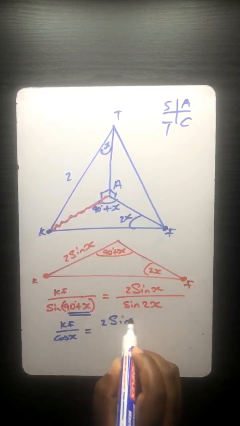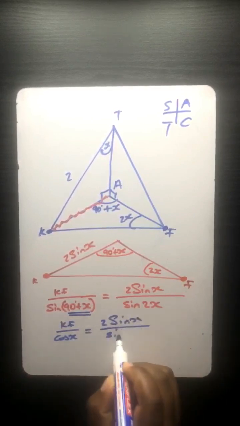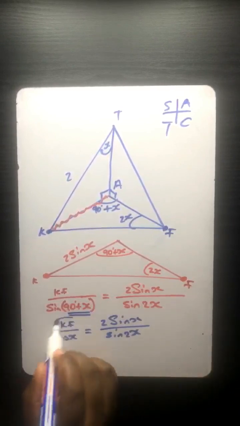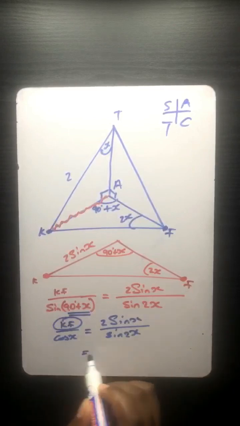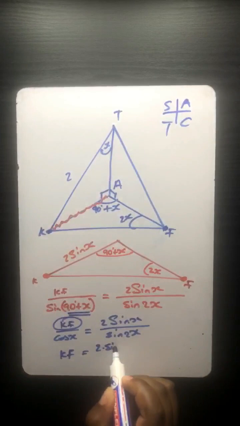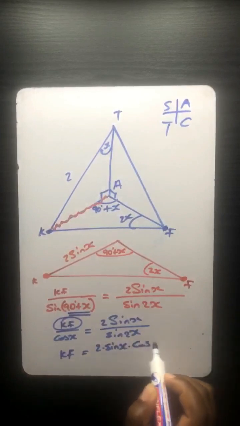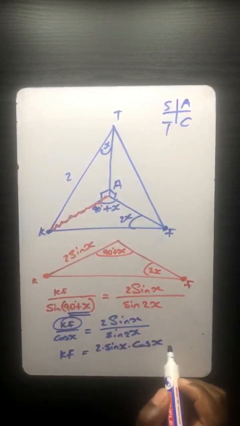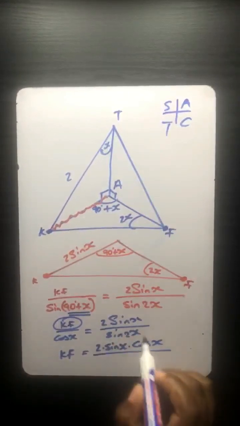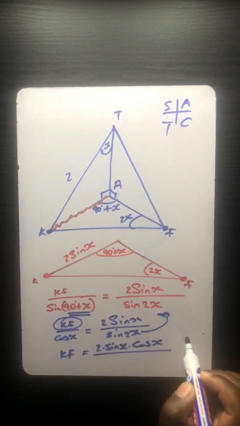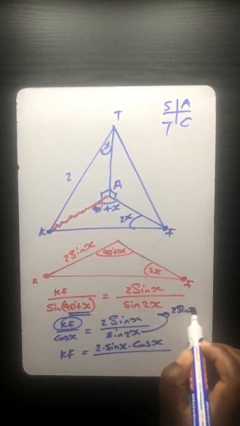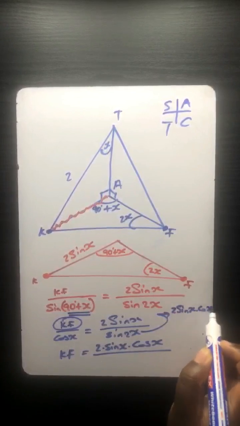Then you have 2 sine x divided by sine 2x. I'm just giving an example here. Because you're looking for KF, you cross multiply. It's more like now KF is actually 2 sine x times cos x, divided by this thing, which is a double angle. If you check on the formula sheet, you might find that sine 2x is actually the same as 2 sine x times cos x.